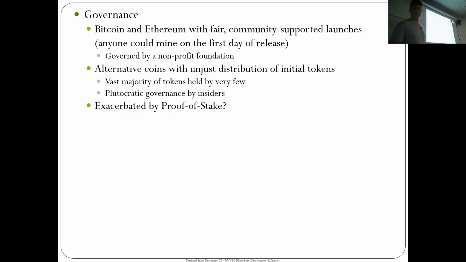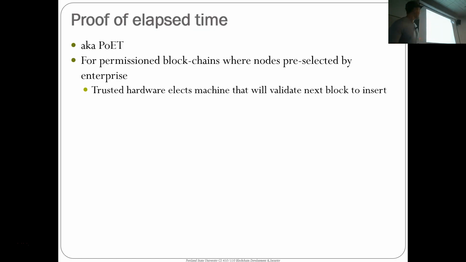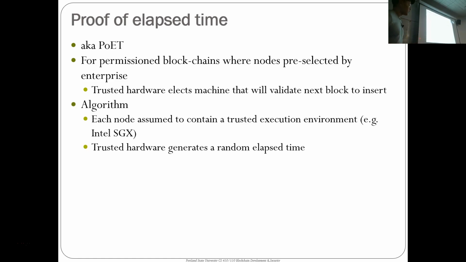Okay, skip that. The next kind of consensus protocol is proof of elapsed time, and this is what Sawtooth uses. This is typically for permissioned blockchains. In this case, trusted hardware elects the machine that will validate the next block. The algorithm is that each node has a trusted execution environment, the SGX.